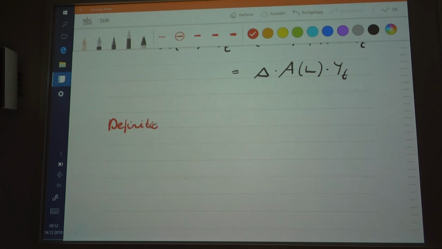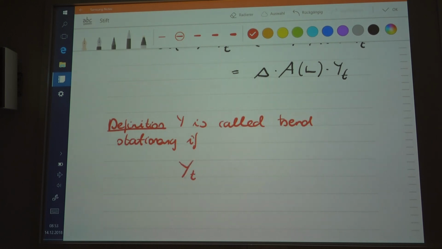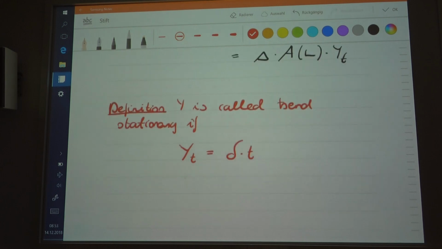A process Y is called trend stationary if it can be written in terms of a stationary process: Y_t equals delta times t, so you have a linear trend in the data, plus e_t, where e_t is a stationary process.